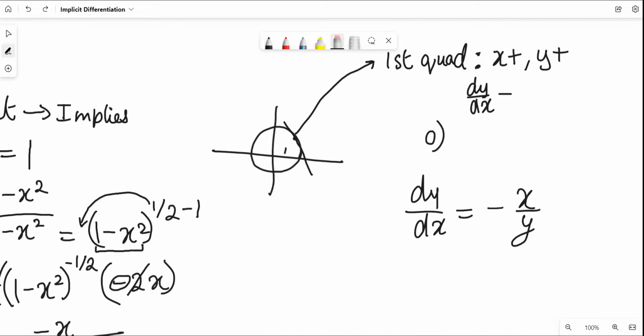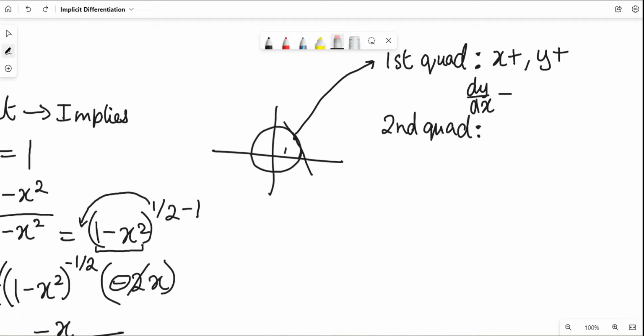And let's go to the second quadrant now. Remember, the second quadrant is always you go anti-clockwise to count up the quadrants, so it's this quadrant here. And so what we have is, let me rewrite this over here, dy by dx equals negative x over y.